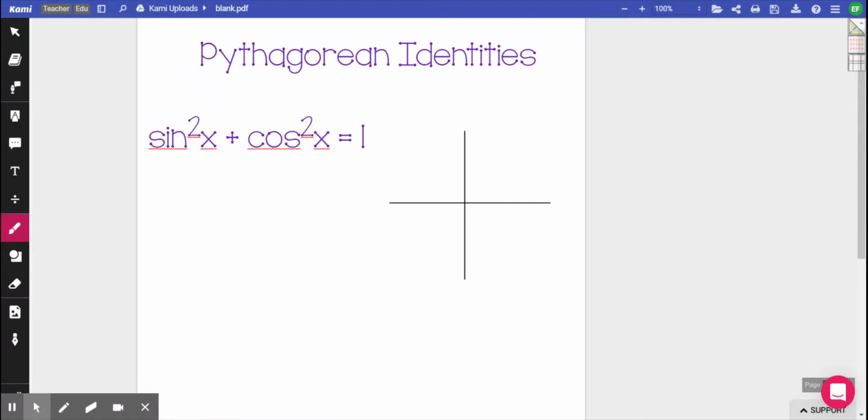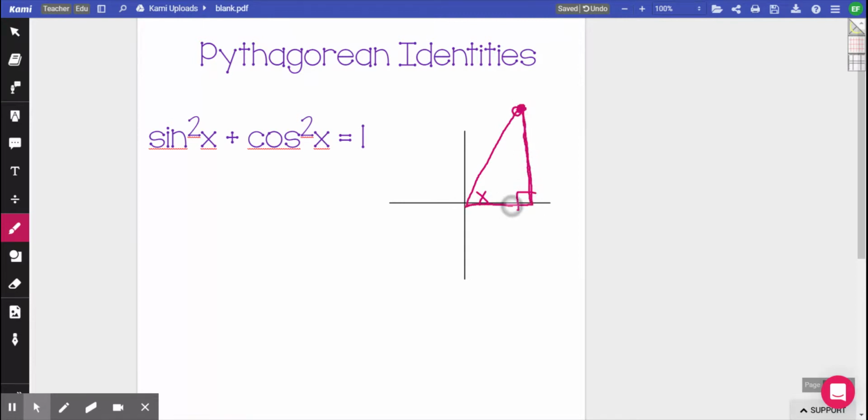So if I draw my reference triangle in the first quadrant here, and this is my angle x, my reference angle. In order to get to this point to begin with, remember we had to look at the relationship between the cosine and the sine.